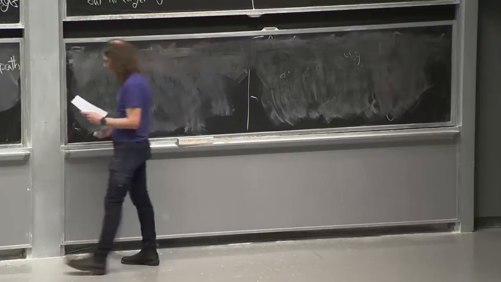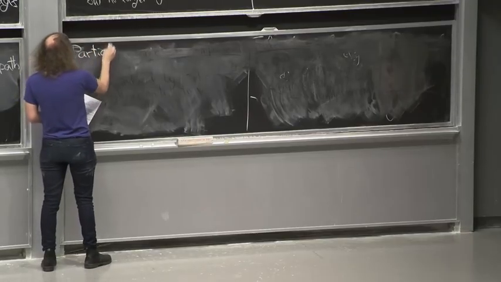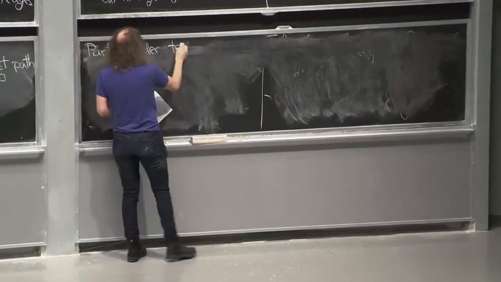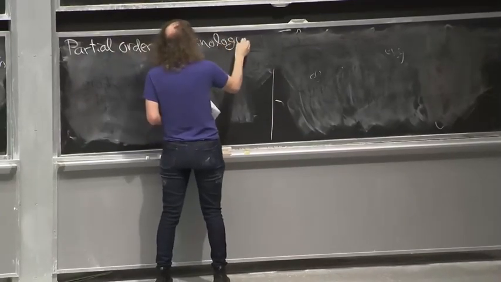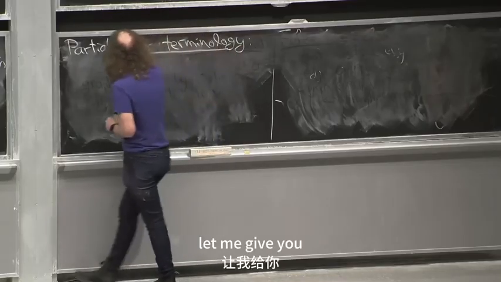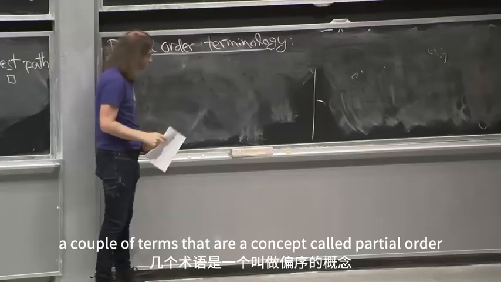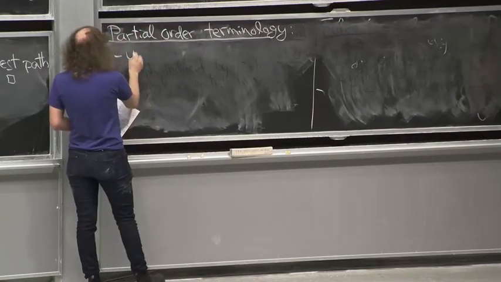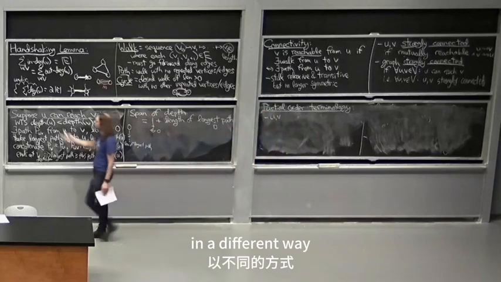So let me give you a couple of terms from a concept called partial order, which we'll talk about next time. They let us think about these kinds of precedence relations in a different way.